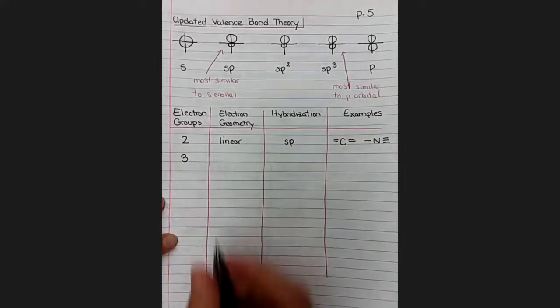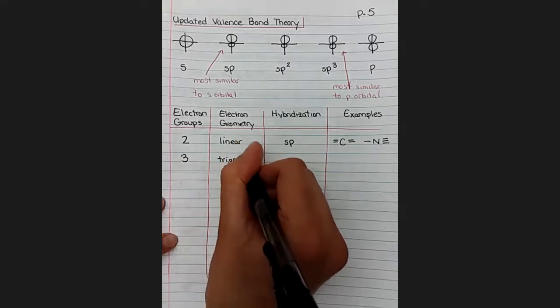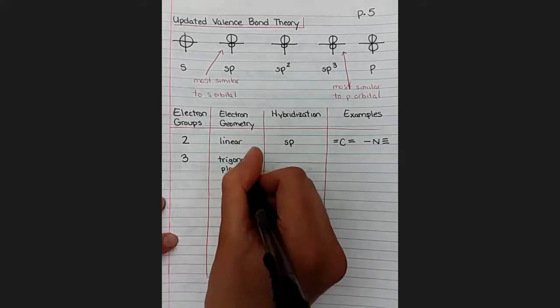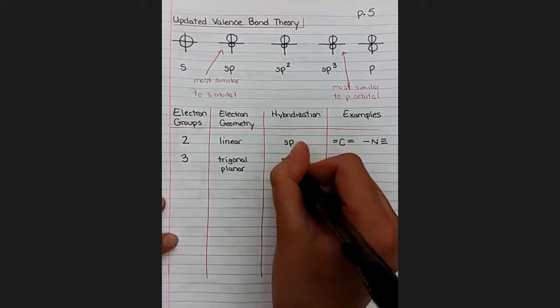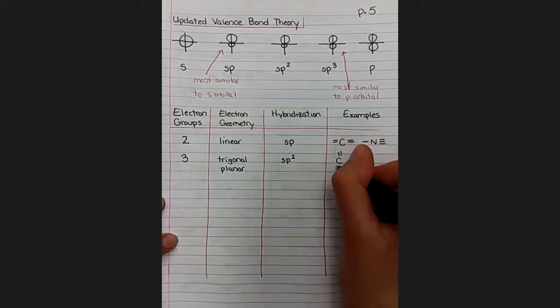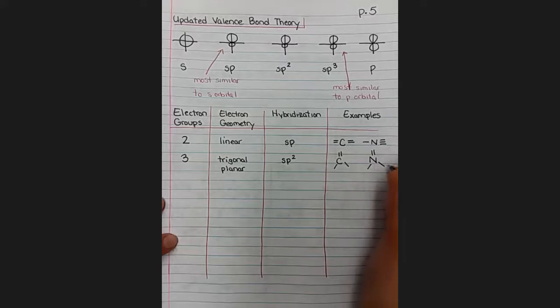If we have 3 electron groups, this is called trigonal planar. And if we mix 3 atomic orbitals together, we will make sp2 hybrid orbitals. You might see this in a situation where you have a carbon or a nitrogen atom that is bonded to 3 electron groups. If it's carbon, usually these are all atoms.